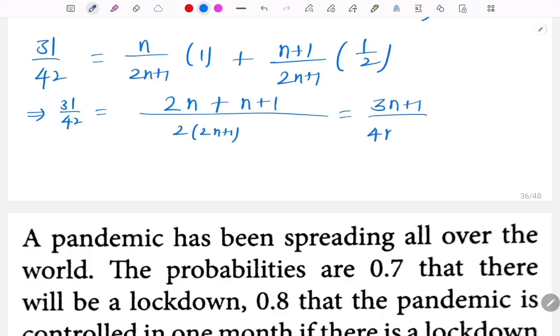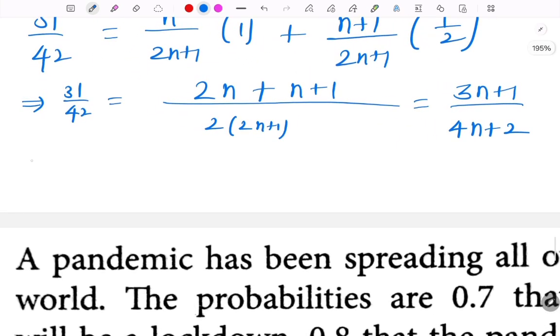How much will it come? 4n plus 2. I write one more time, then you will get 31 by 42 is equal to 3n plus 1 by 4n plus 2.